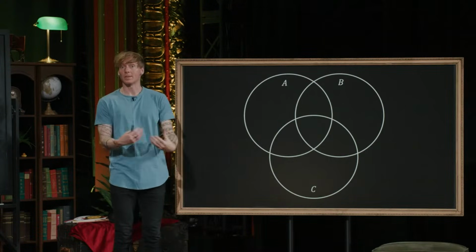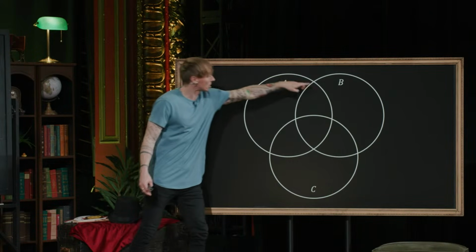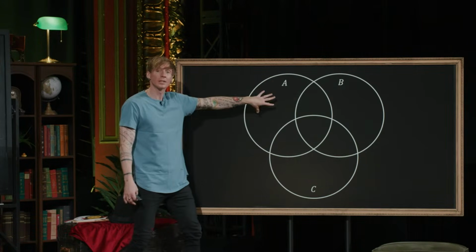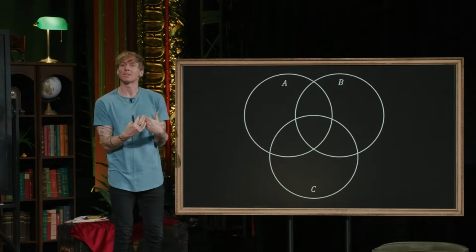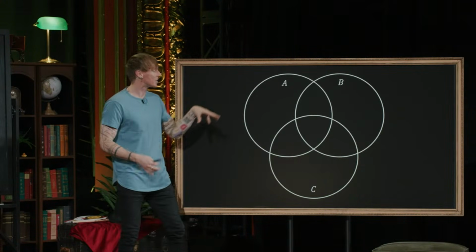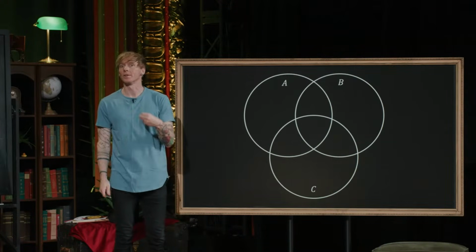And just as before with the 2-set Venn diagram, each circle is representing belonging to set A, set B, or set C, and therefore those overlaps are going to tell you that an element in one of the overlapping regions is belonging to more than one set.